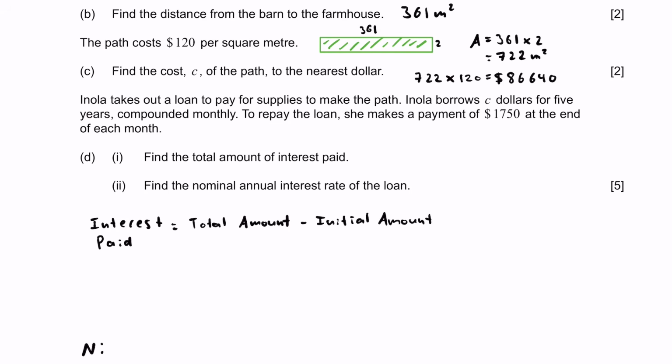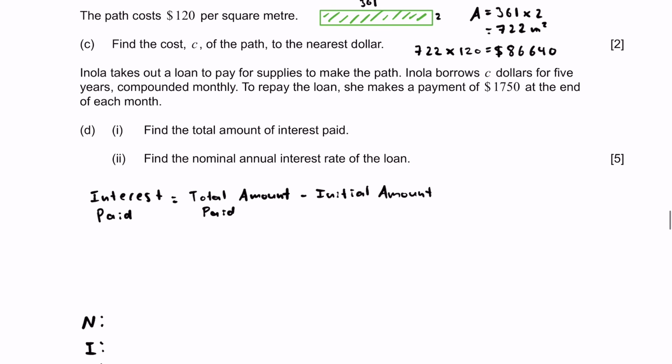And we'll see that these two aren't the same. The total amount that you pay back will be larger than the initial amount that you borrowed. So let's find these values out.